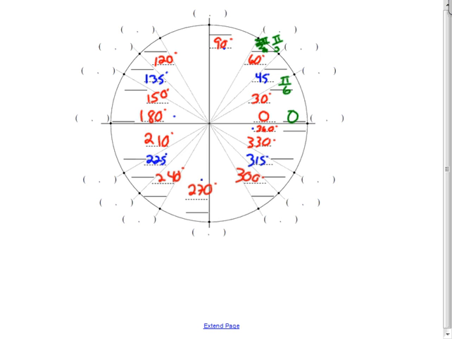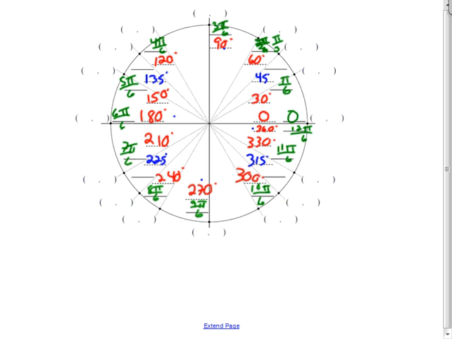So I'm going to cross out my 2 pi over 6. However, I'm going to keep counting that way, and I'll simplify later. So 1 pi over 6, 2 pi over 6, 3 pi over 6, 4 pi over 6, 5 pi over 6, 6 pi over 6, 7 pi over 6, 8 pi over 6, 9 pi over 6, 10 pi over 6, you get the gist, 11 pi over 6, and 12 pi over 6.